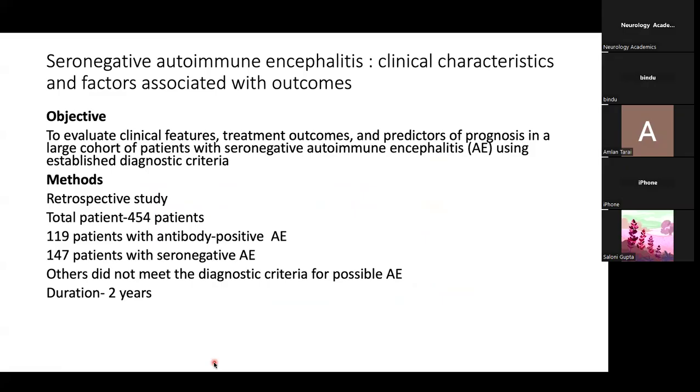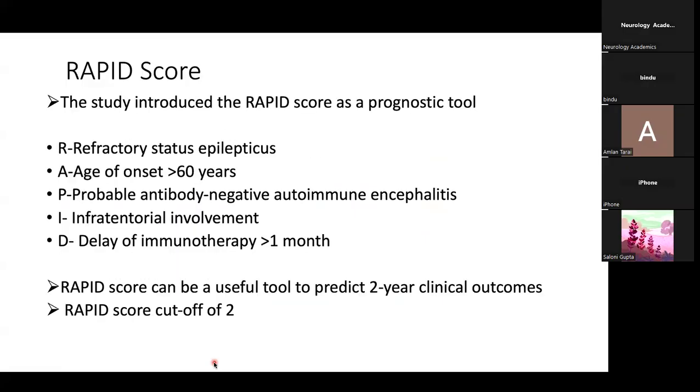They introduced one score, the RAPID score, for prognostic purposes. RAPID stands for refractory status epilepticus, age more than 60 years, probable antibody-negative autoimmune encephalitis, infratentorial involvement, and delay in immunotherapy of more than 1 month.